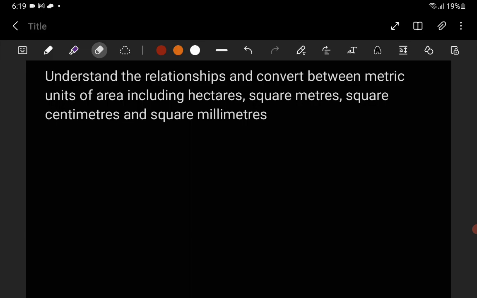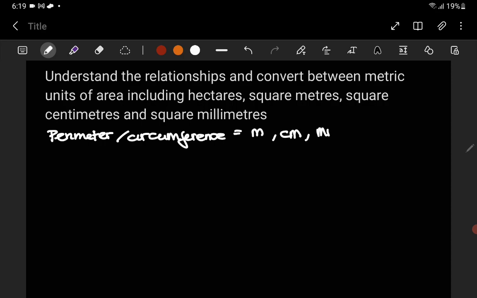For your info, the metric unit of a perimeter is not the area. The metric units of the perimeter, or the circumference for a circle, would be meter, centimeter, and millimeter.